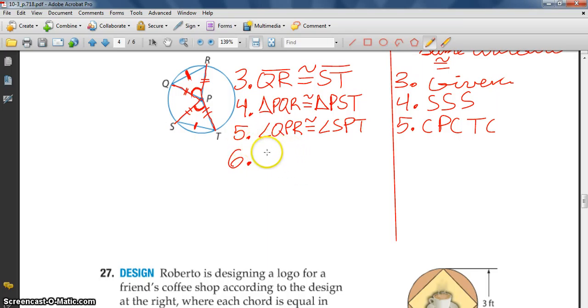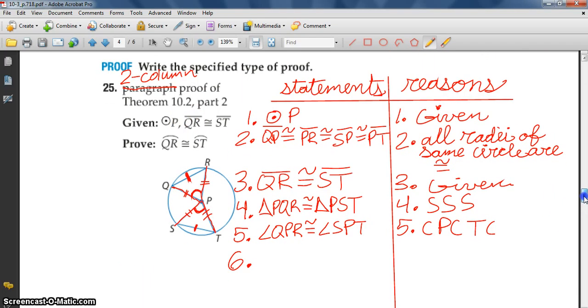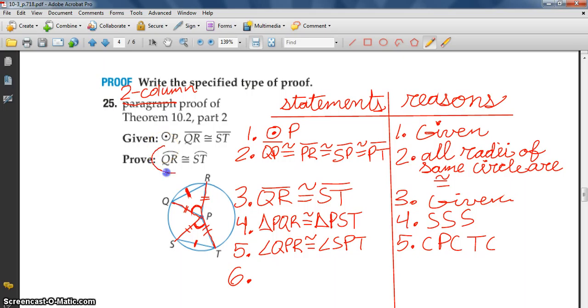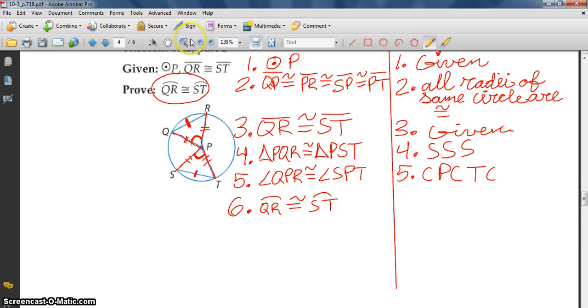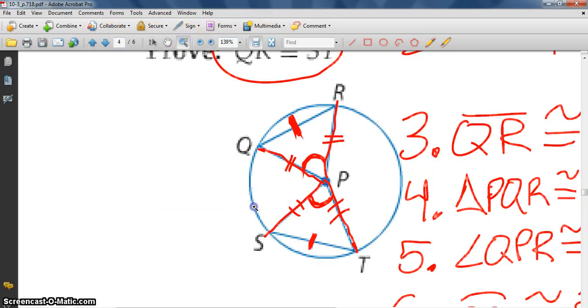And that's enough information. So now we can say what we wanted to prove. We wanted to prove that arc QR is congruent to arc ST. And let's talk about this before we write it down. So why is this arc the same measure as this arc? Well, because their central angles are the same.